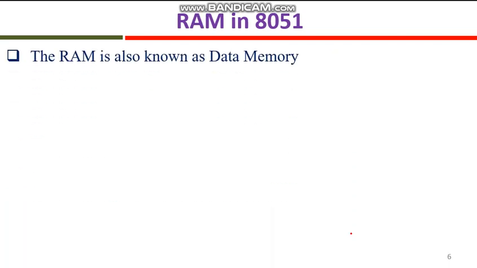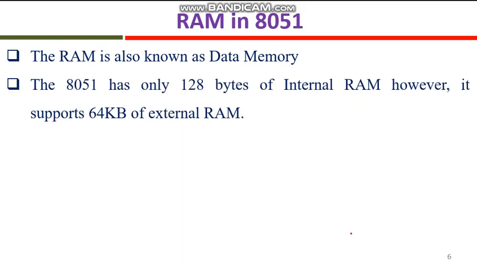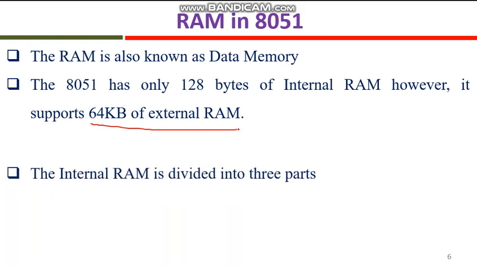RAM in 8051 is also called data memory. It is 128 byte and we can add extra. The 8051 supports a maximum of 64 kilobyte of external RAM.